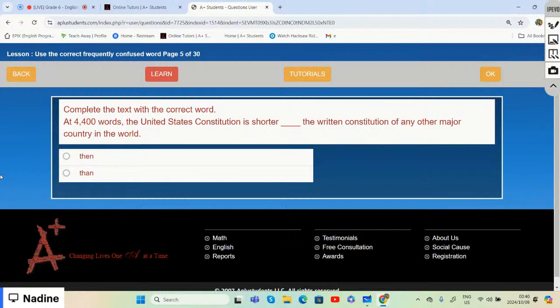We are comparing because it says at 4,400 words, the United States Constitution is shorter than any other major country's constitution, meaning that we are comparing the United States Constitution to all the other constitutions around the world.